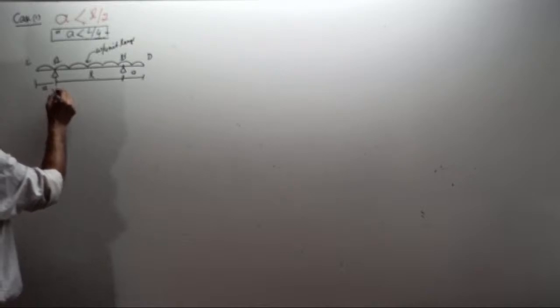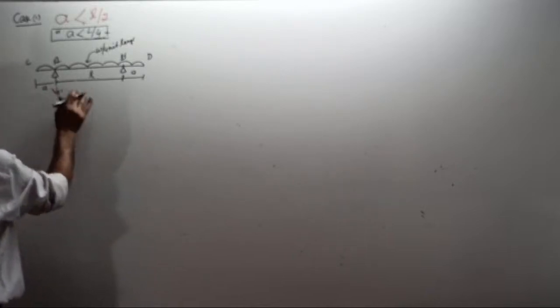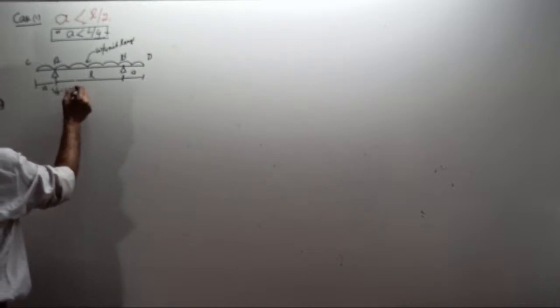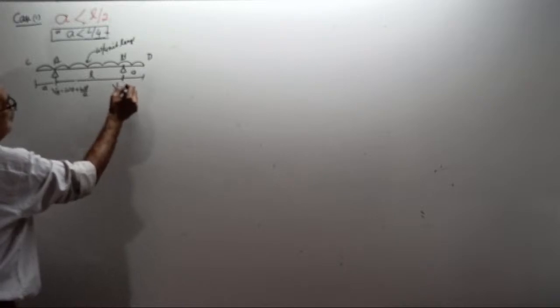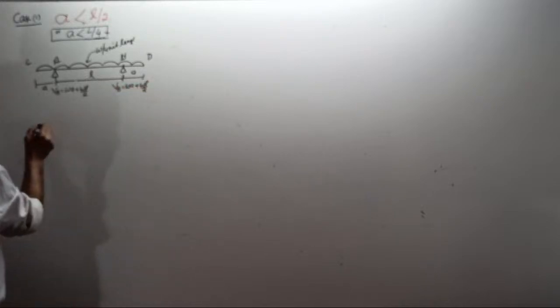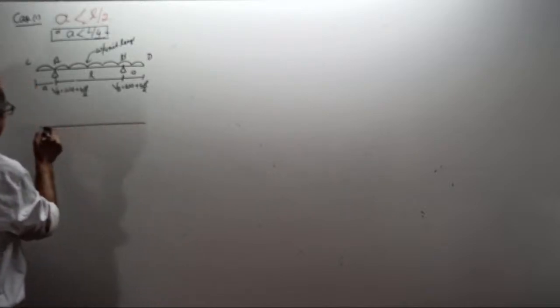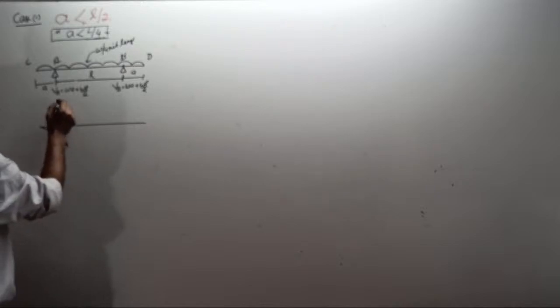Your VA equals W, I will start from this side now. It is Wa plus WL by 2. Your VB is also equal to Wa plus WL by 2. The shearing force diagram will come down by Wa and go up here by WL by 2.